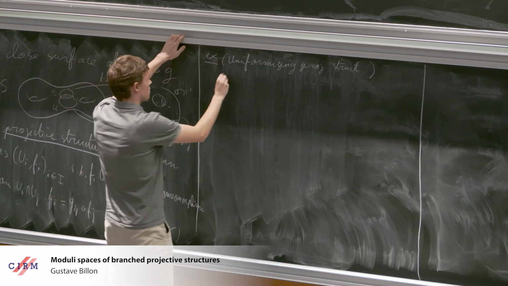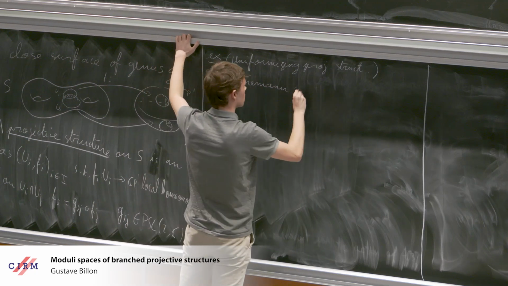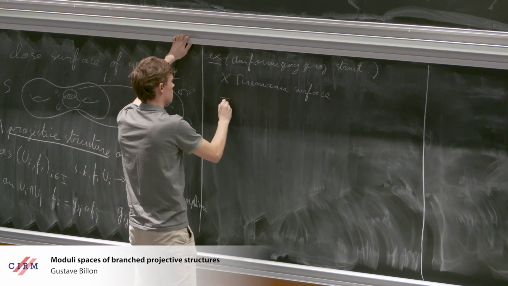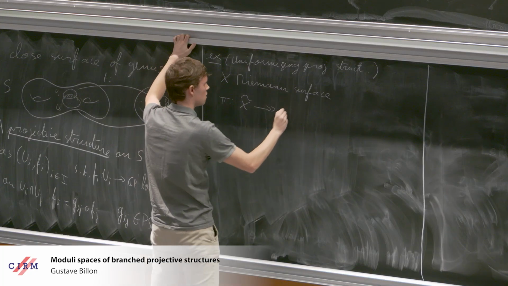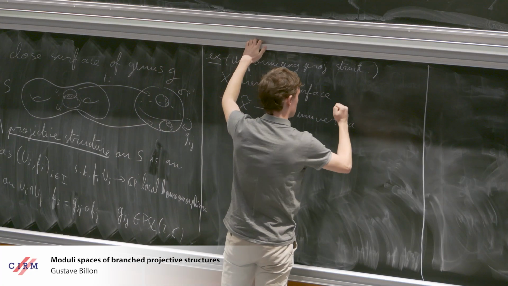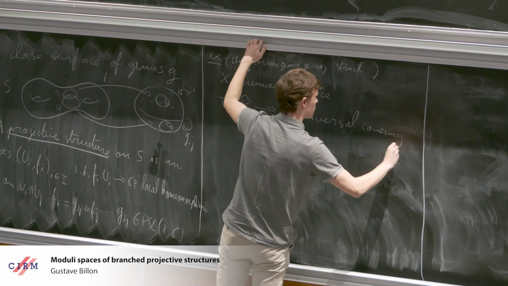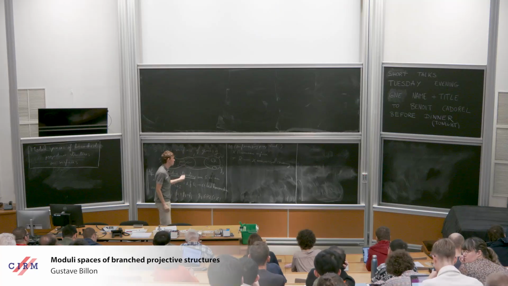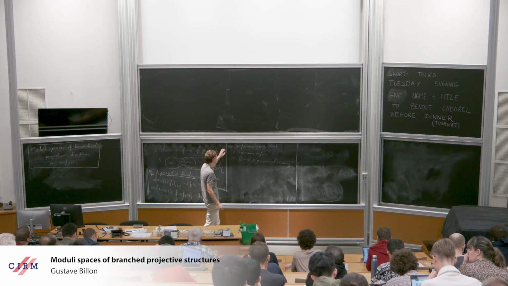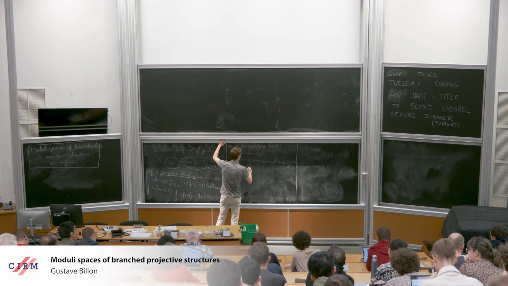So X is a Riemann surface, and X tilde is its universal covering. So X tilde is either CP1, C, or the upper half plane H2, but in any case, it is contained in CP1.